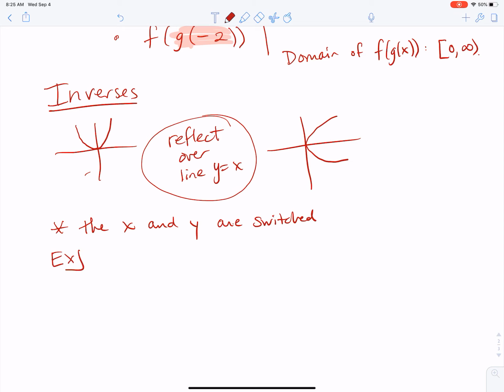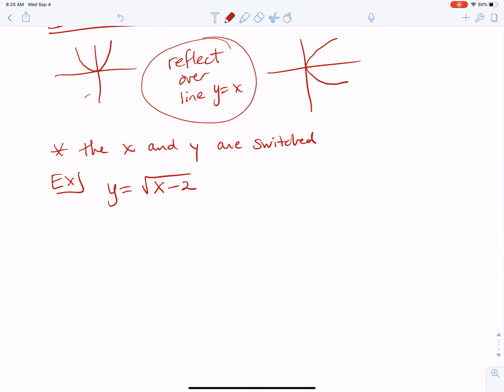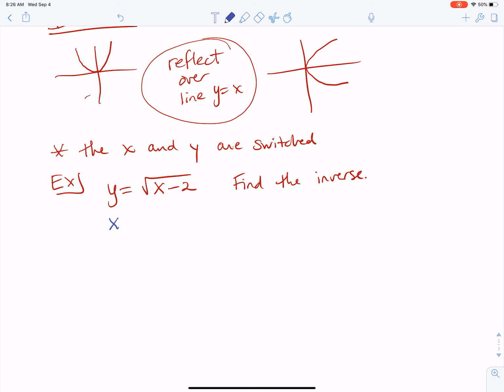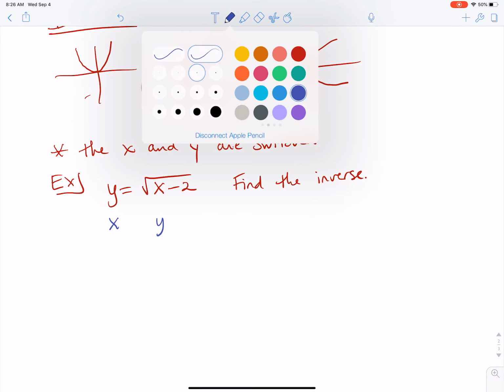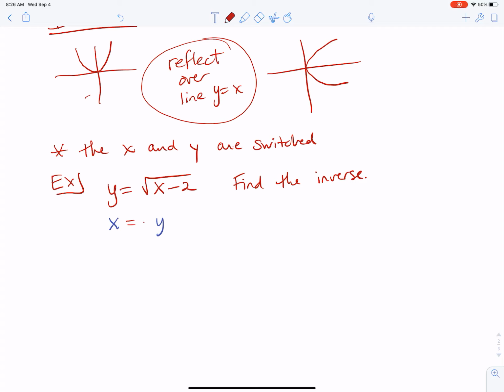So as an example, if we have y equals the square root of x minus 2, and you were asked to find the inverse. The key idea, again, is that you're going to switch x and y. So I'm going to take the y, literally make it an x, and the x, make that a y. Everything else stays right where it was.